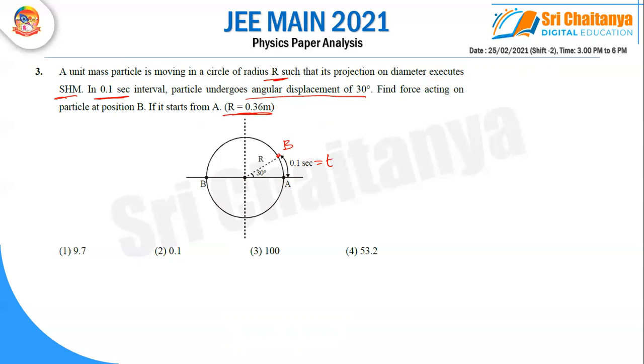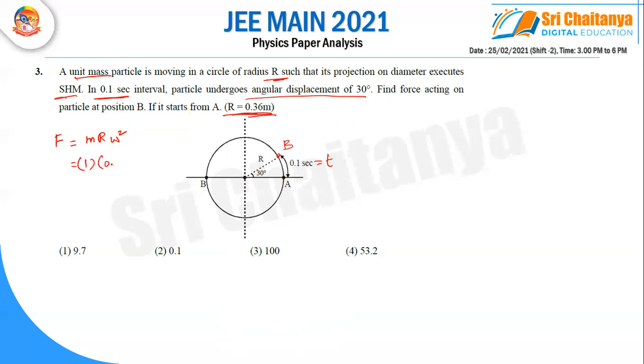Now we have F equals m r omega square. The radius 0.36 is given, and the mass is unit mass, which is 1.